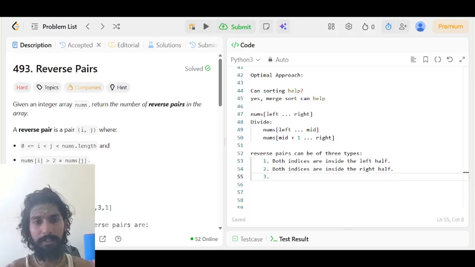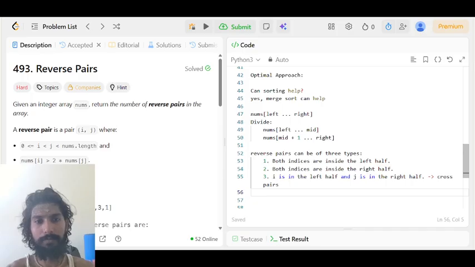And third, i is in the left half while j is in the right half. This can be termed as cross pairs. The first two types will be counted recursively. The third type is the important one.